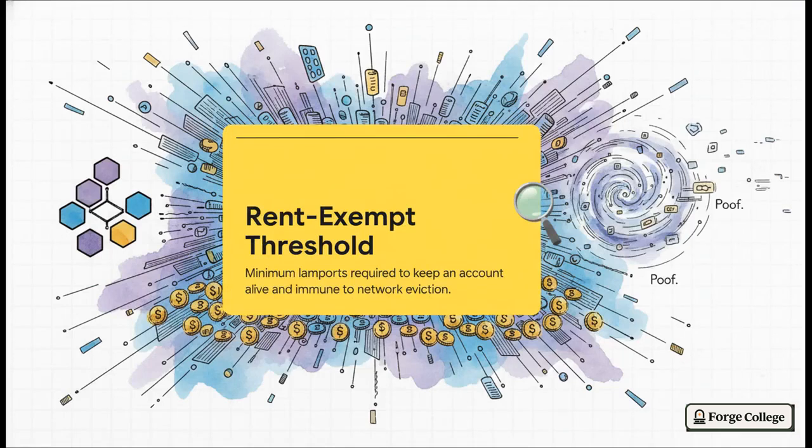And getting those byte calculations perfect leads us right into the rent-exempt threshold. You can think of this as the absolute minimum balance of lamports, which are just tiny fractions of a Solana token, required to keep your beautiful new account alive and safe from network eviction. Because if you underfund an account, the network will literally just garbage collect it. Boof! Gone forever. Your users' data just gets evicted out onto the streets.